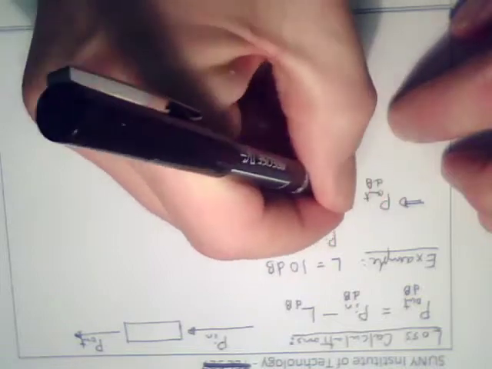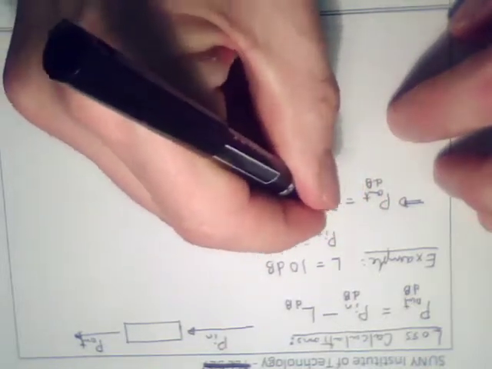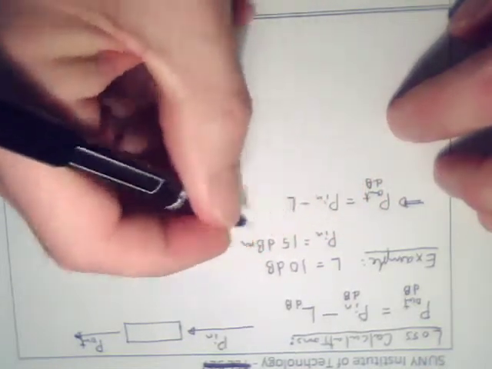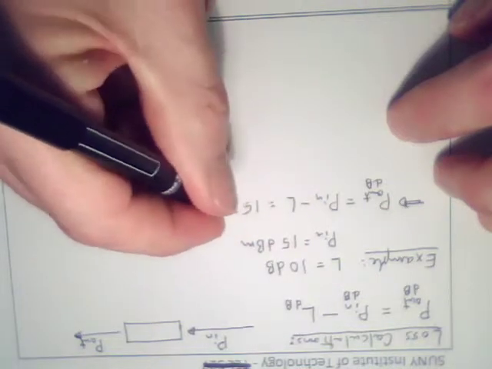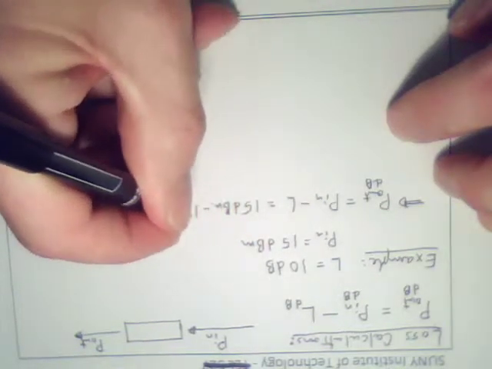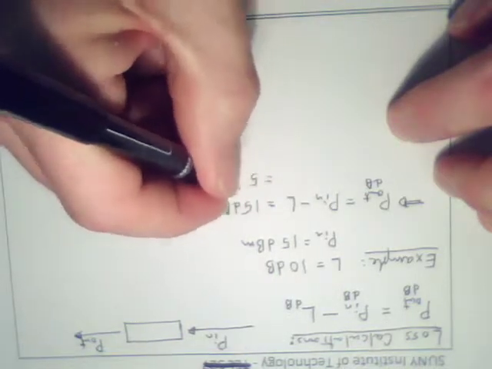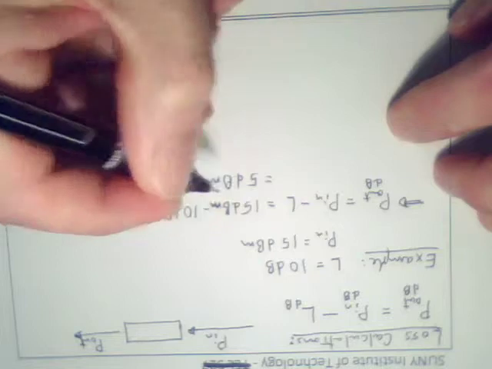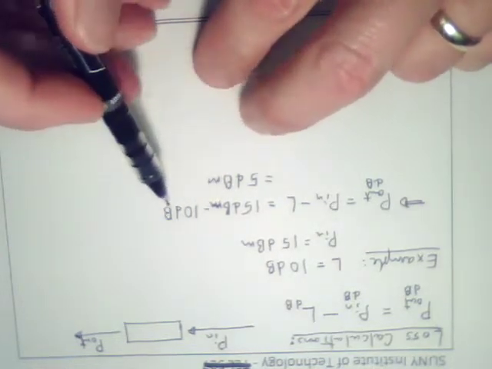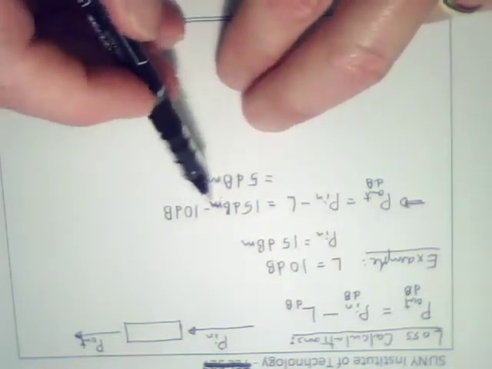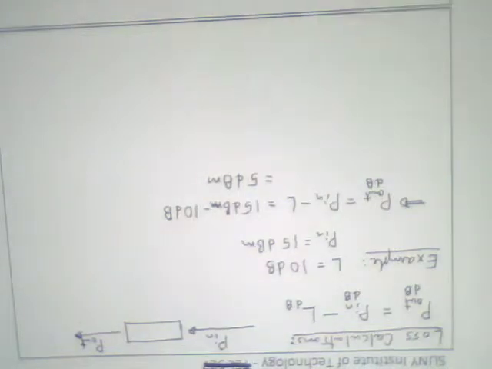In dBm, it is P in minus L, which is 15 dBm minus 10 dB, which is 5 dBm. Now, we're mixing dBm and dB. That's perfectly legitimate, and that's what we do in these types of calculations.